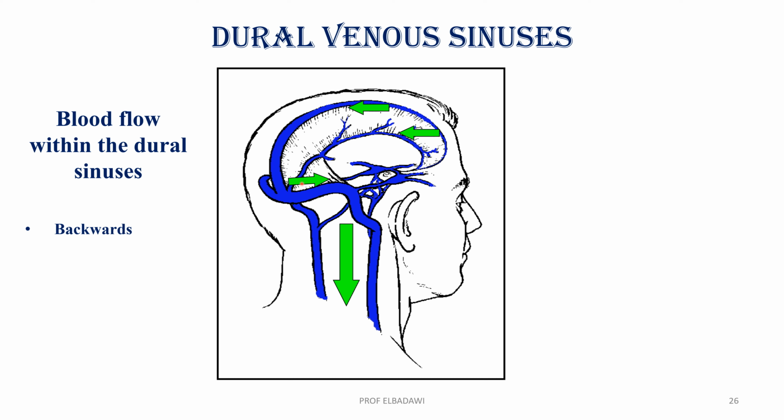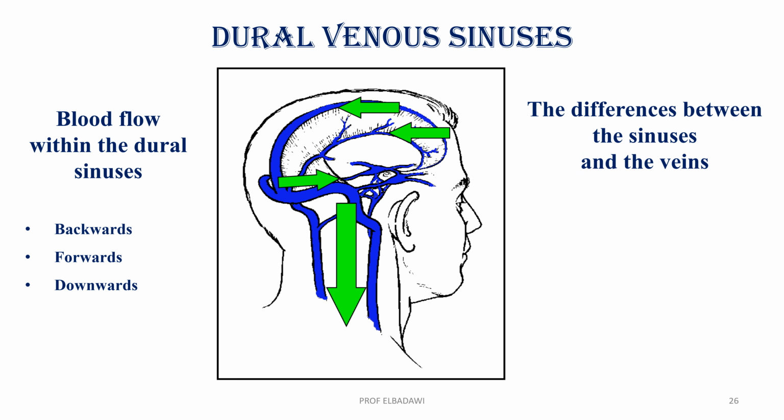Or the two transverse sinuses will unite, where the superior sagittal, inferior sagittal, and the straight sinus end in a venous confluence and are then equally distributed to both transverse sinuses. In this case, both internal jugular veins will be of the same size. So it goes backward in this direction, then through the transverse sinus it will go forward, and then downwards through the internal jugular veins.